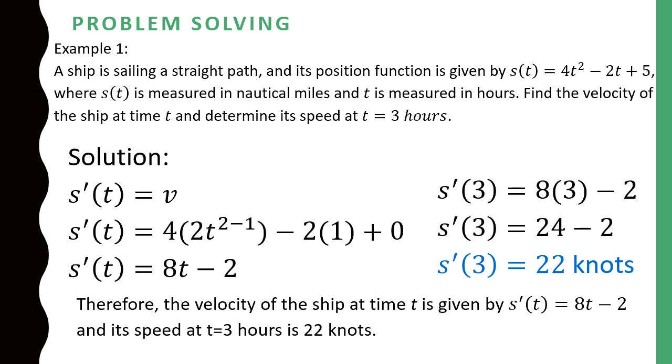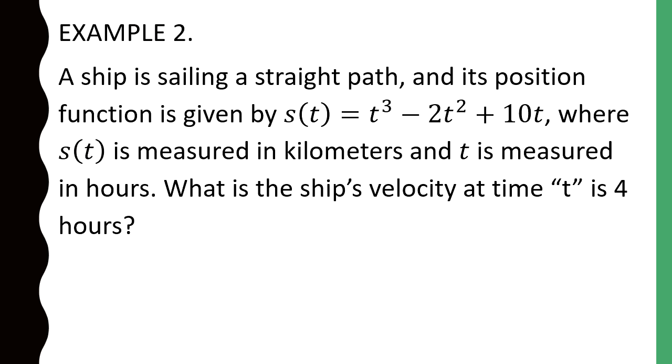Let's try another problem. A ship is sailing a straight path and its position function is given by S of t equals t cubed minus 2t squared plus 10t, where S of t is measured in kilometers and t is measured in hours. What is the ship's velocity at time t when it is 4 hours?